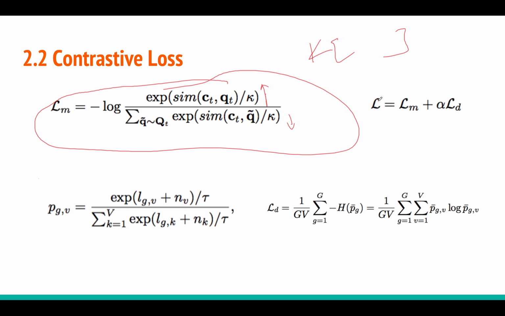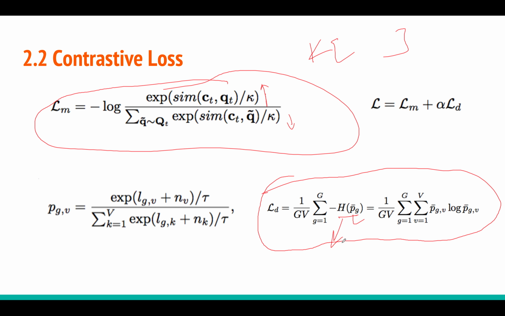And then the paper also uses something called diversity loss in order to efficiently use all the code vectors from all the codebooks, and that is shown here, which is basically the average entropy of the p's.